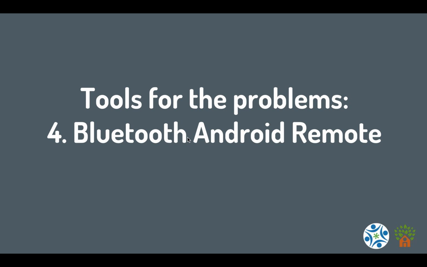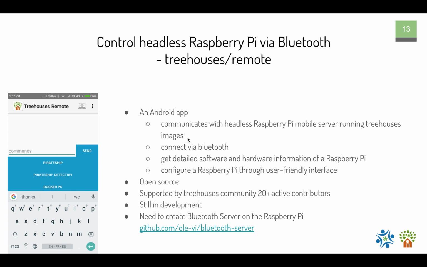And tool number 4 is the Bluetooth Android Remote. It is an alpha project that is trying to wrap several functionalities, like deploying Moodle and deploying other Dockers, into a simple button.